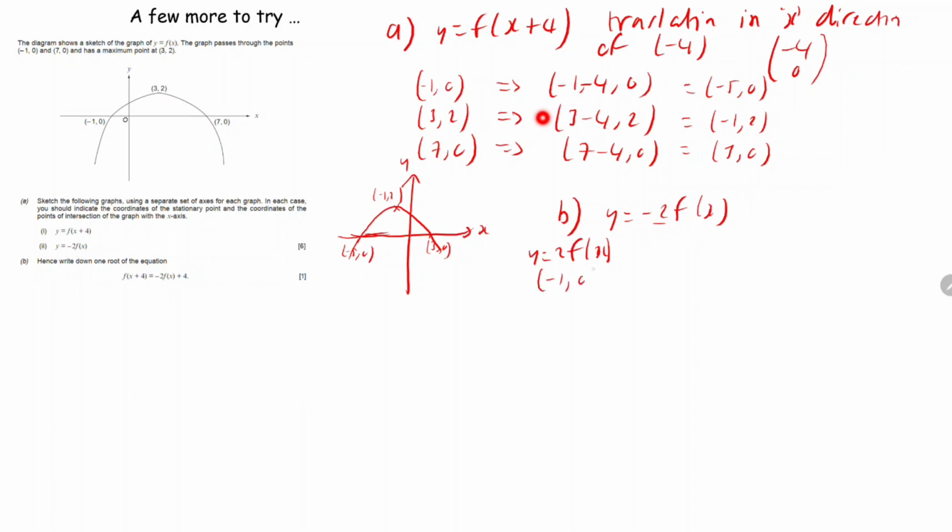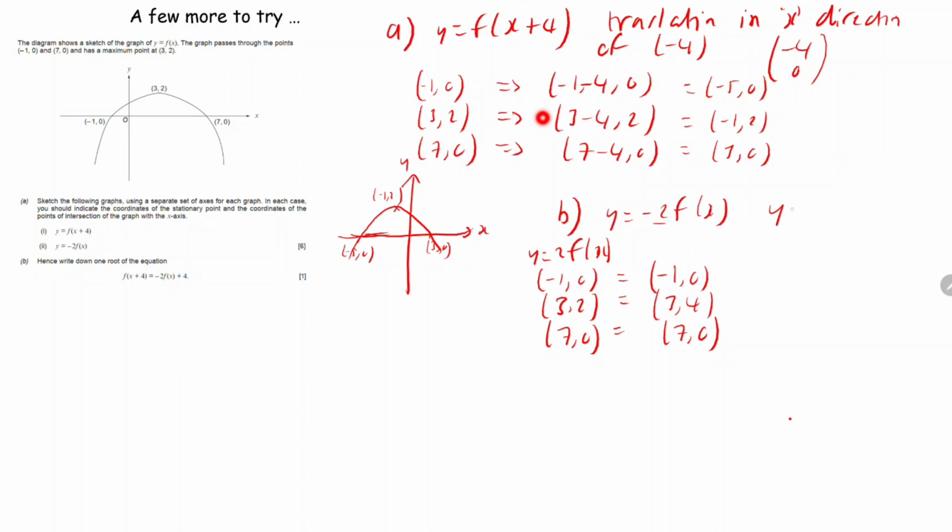So our original coordinates are minus 1, 0, 3, 2, and 7, 0. So the new coordinates after this first transformation, we're going to multiply all of the y coordinates by 2, which gives us minus 1, 0, 3, 4, and 7, 0.